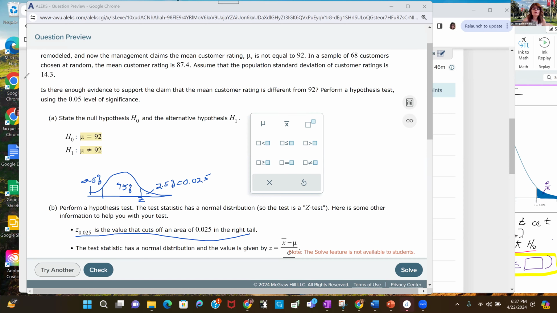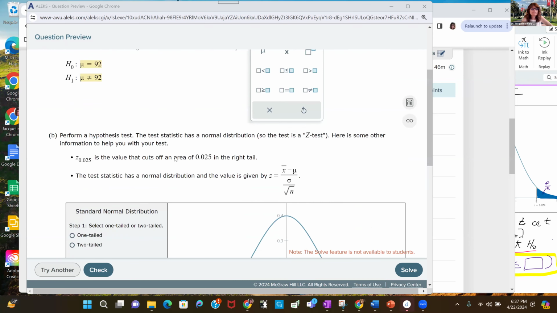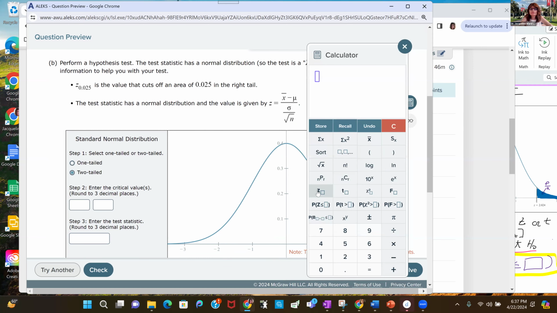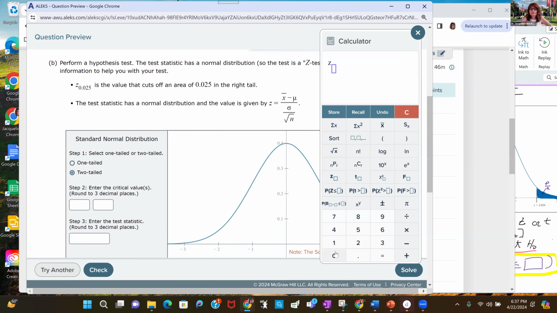So again, this is a two-tailed test. We want to enter the critical values. So we're going to do Z of 0.025.